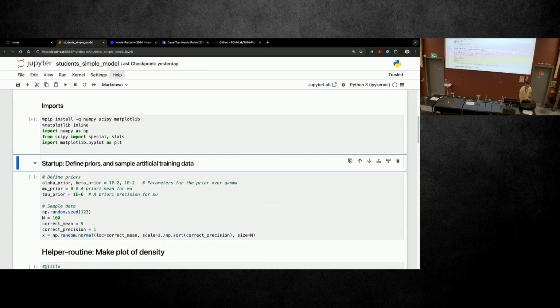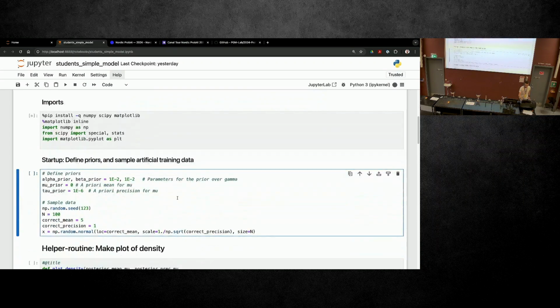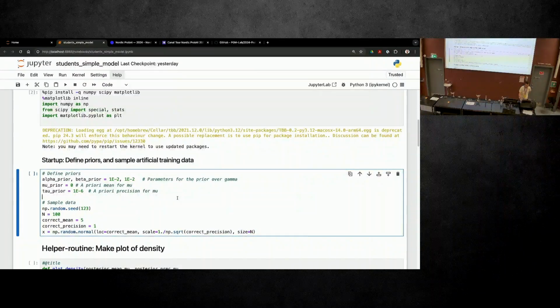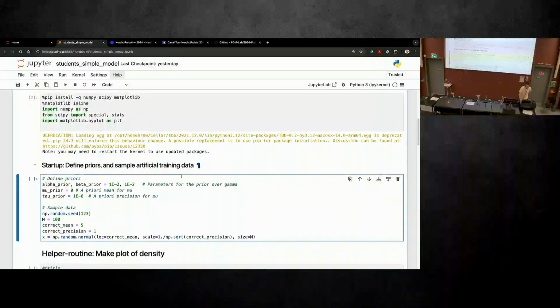We install everything here, and we have a specification of the prior parameters that go in. So here we have alpha prior and beta prior that go into defining the prior distribution over gamma, the precision for our normal distribution over the variables.